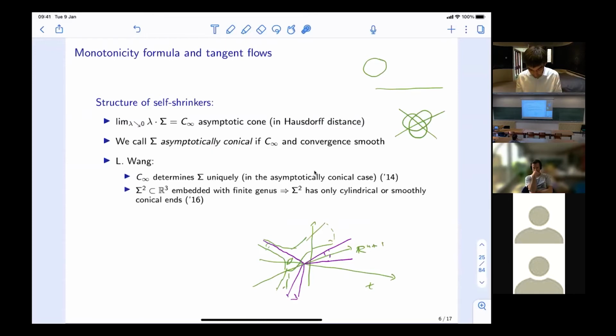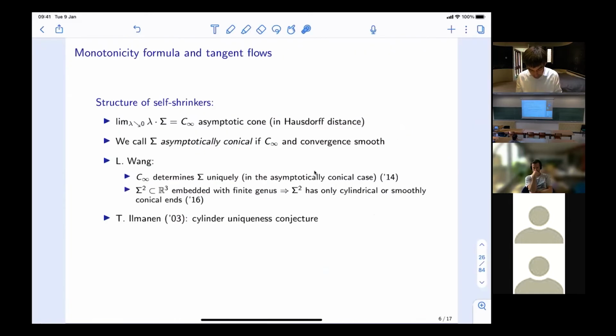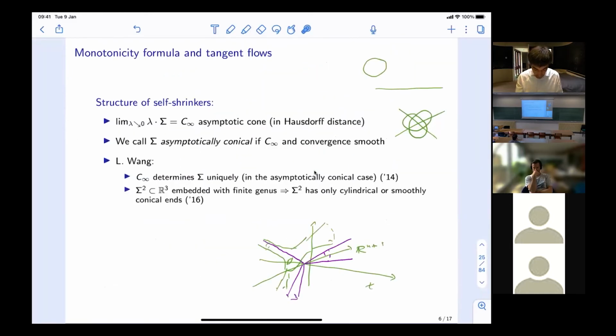Okay. Now, Ilmanen actually conjectured that this cannot happen. So this is more or less a strengthening of this result of Lu Wang in the asymptotically conical case: that also if you're asymptotic to a cylinder, you also have uniqueness, that you have to be the cylinder. So that would be the cylinder uniqueness conjecture. But it turns out, you see, this cone is much more degenerate.